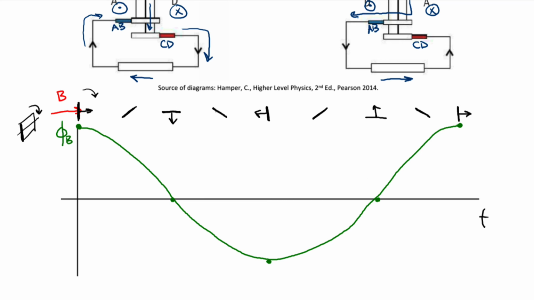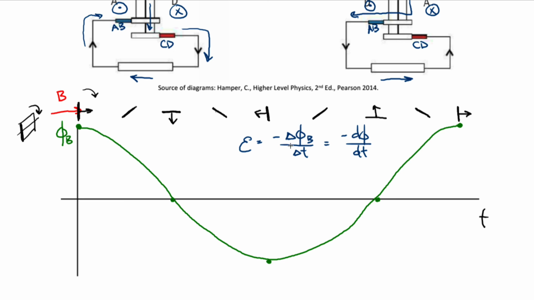Now let's think about the EMF. Remember that Faraday's law tells us that the EMF is equal to the negative time rate of change of the flux. If you know a bit of calculus, you know that another way of stating that is that it's the negative of the derivative of the flux with respect to time. These lowercase d's are just the calculus way of replacing the deltas to mean change, but change when we get infinitesimally small.